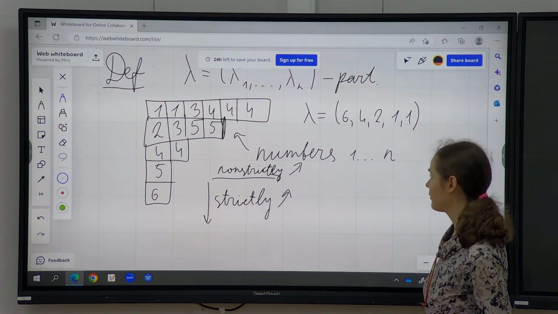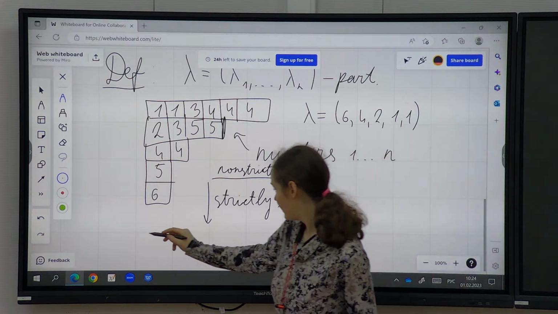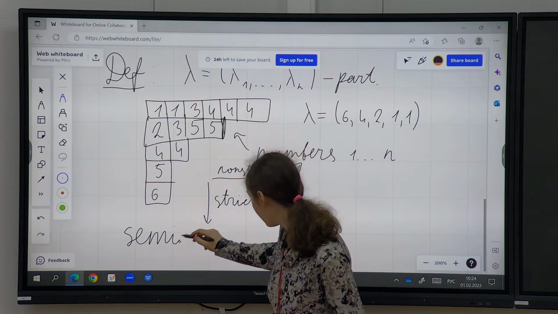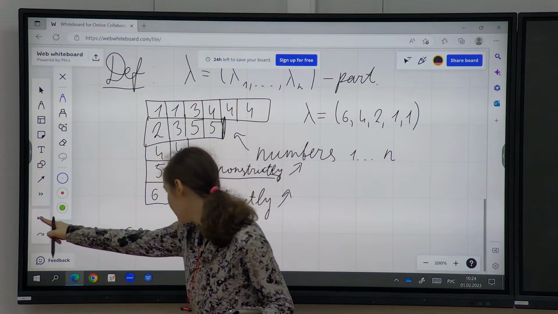And the resulting object is called a semi-standard Young tableau.